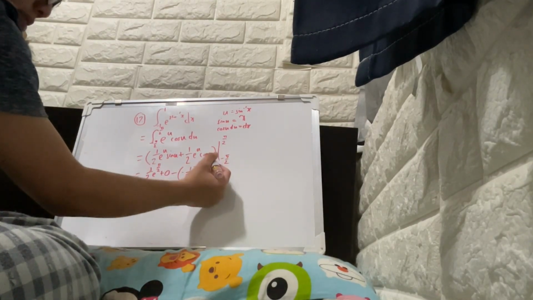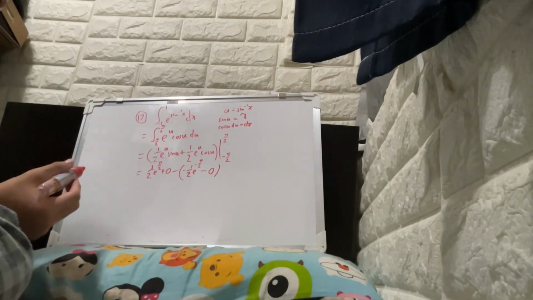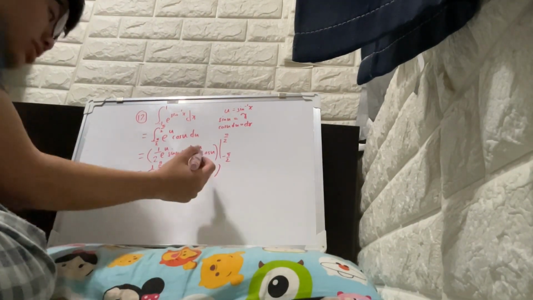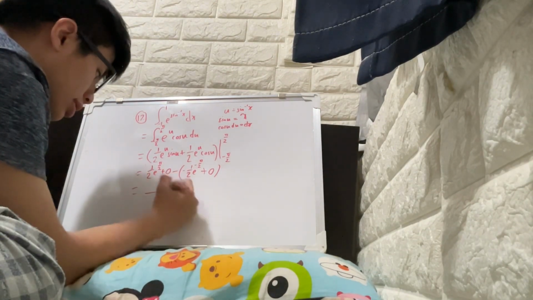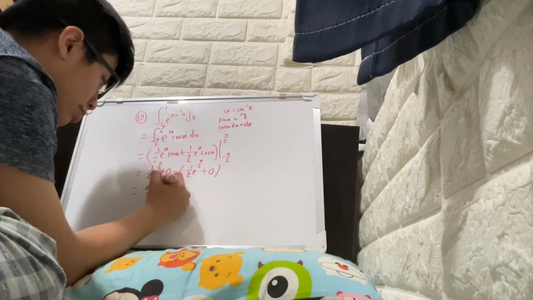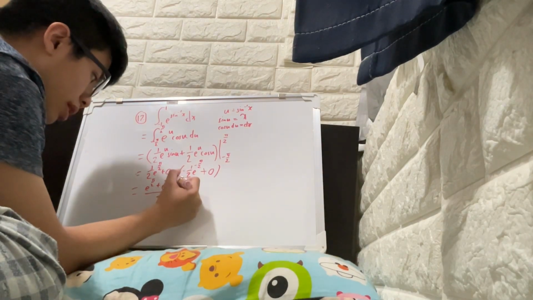Putting negative pi over 2 into cosine, you get 0, so subtract plus 0. So overall, you get the same denominator, e to the power of pi over 2, and the negative becomes positive, plus e to the power of negative pi over 2.